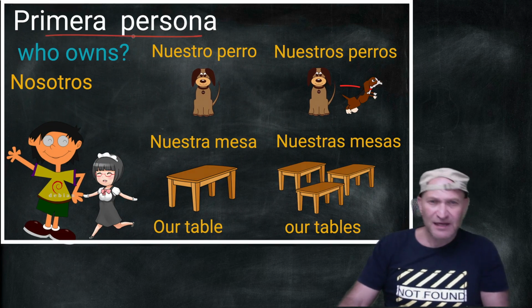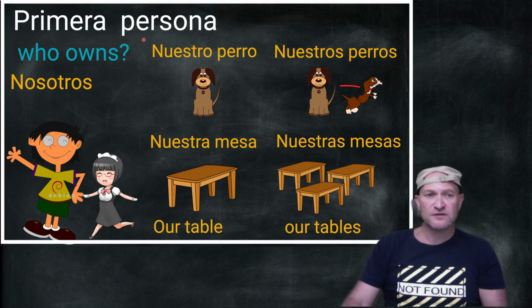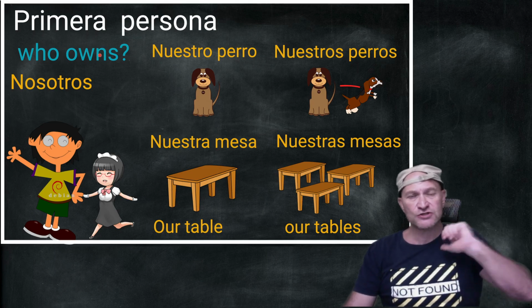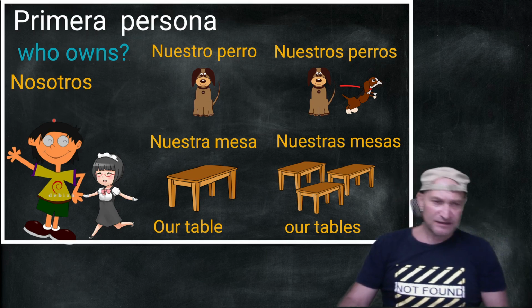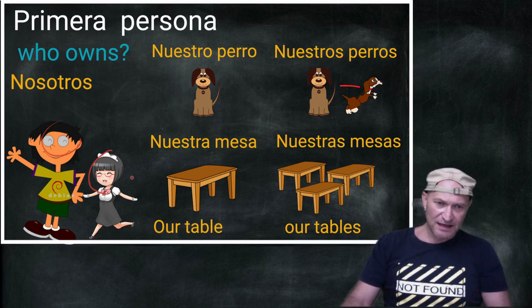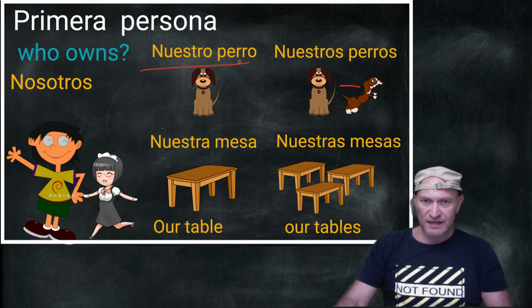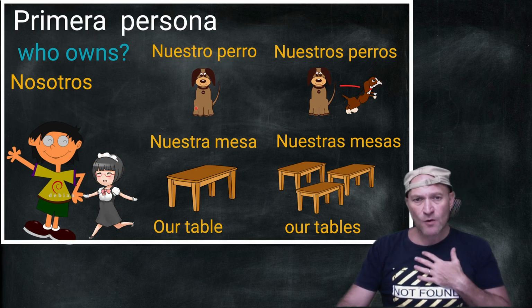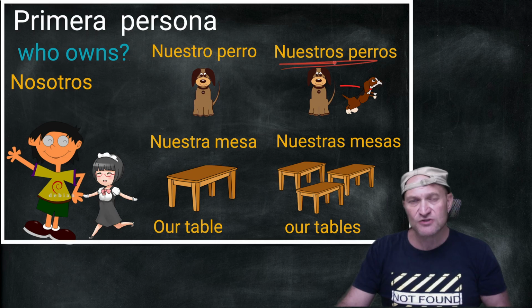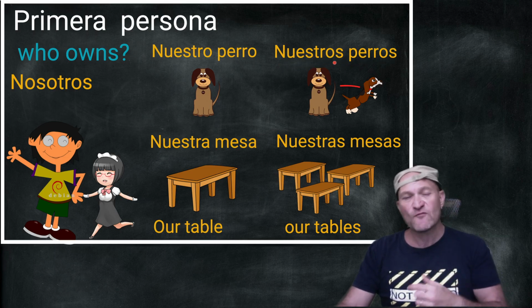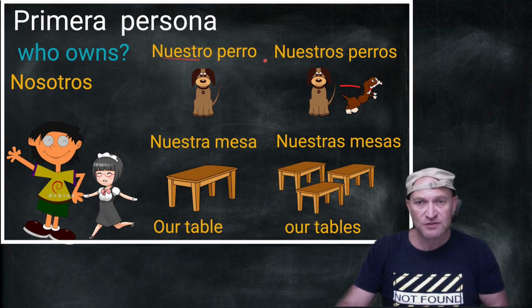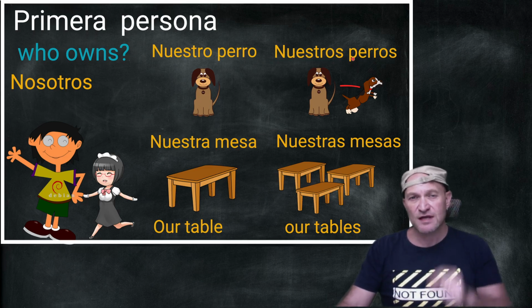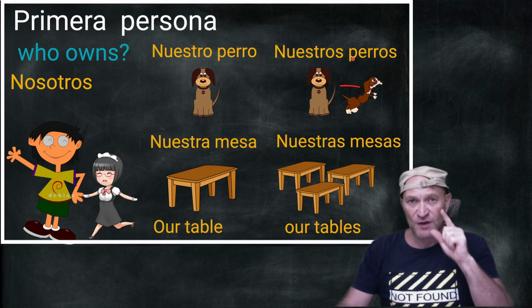Primera persona del plural, first person in the plural. Who owns? Nosotros, ourselves. Me, this guy, and this beautiful girl. Nuestro perro, our dog. Nuestros perros, because we have more than one dog. But what happens if the words are feminine?